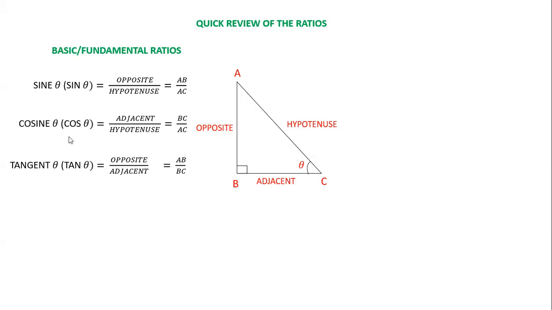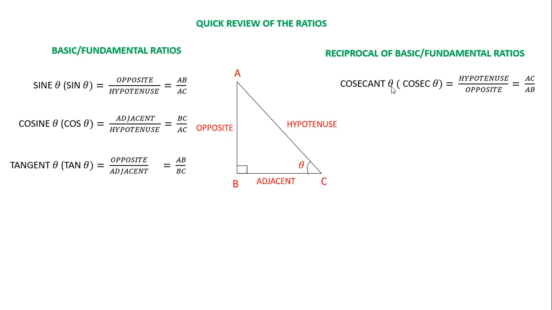So based on these three ratios, the rest of the things come. So we take the reciprocal of this. I take 1 upon sine. So the reciprocal of this basic or fundamental ratio is, first, reciprocal of sine is cosecant theta, or it is known as cosec theta.